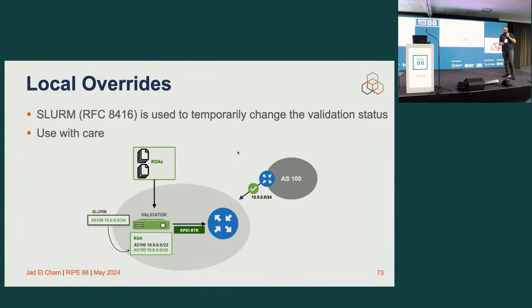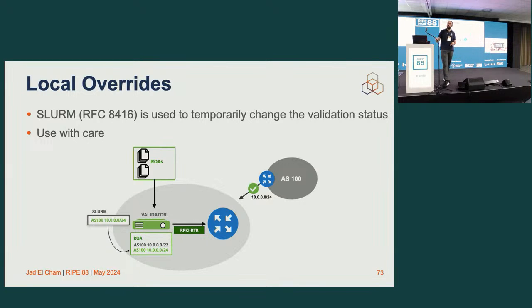And then there's RFC 8416, which defined a framework and a format for it called SLURM. Using SLURM, you see here at the very left, it says I would like, just on my piece of validator, to introduce a ROA that validates this specific /24.